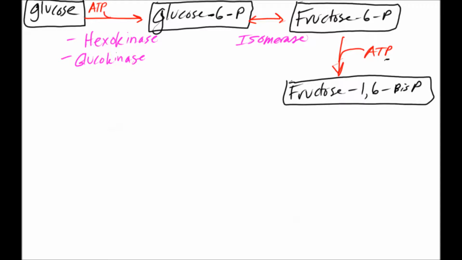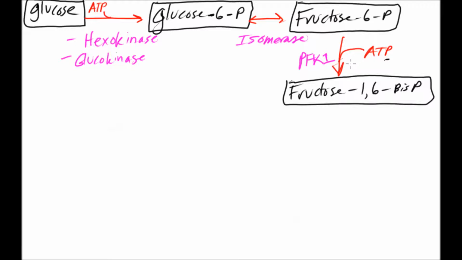So now the enzyme that's needed to do this is going to be a very important one. It's phosphofructokinase 1, PFK1. So that's going to catalyze the reaction that uses an ATP molecule to use that phosphate group. It has to grab a phosphate from somewhere.